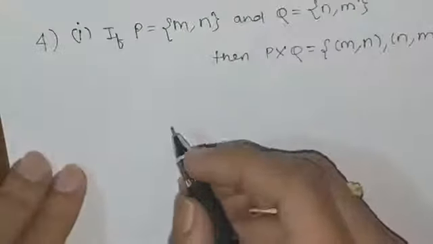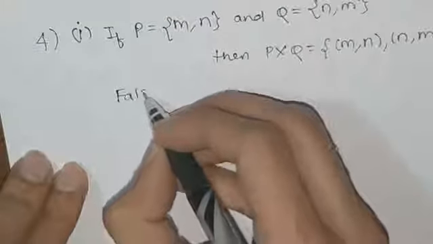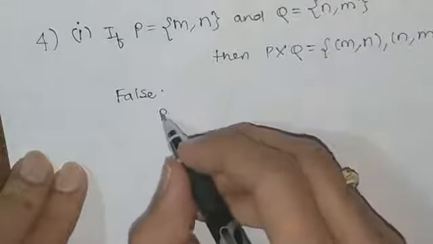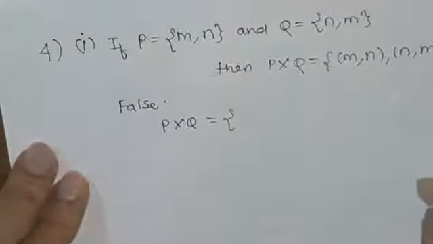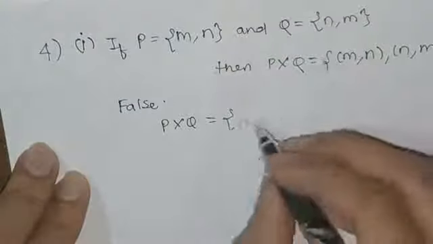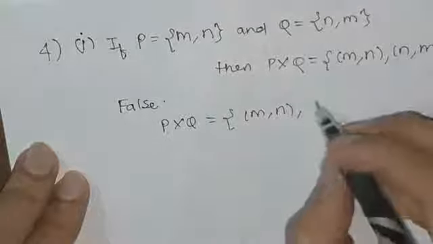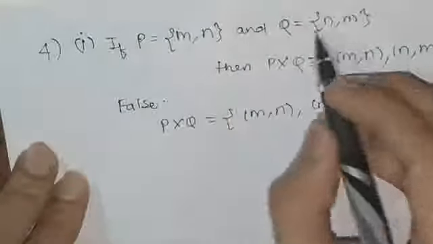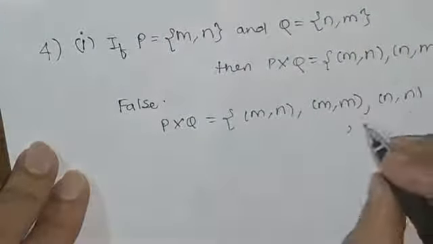So this statement is false, because P cross Q is equal to the set (M, N), then (M, M), then (N, N), then (N, M).